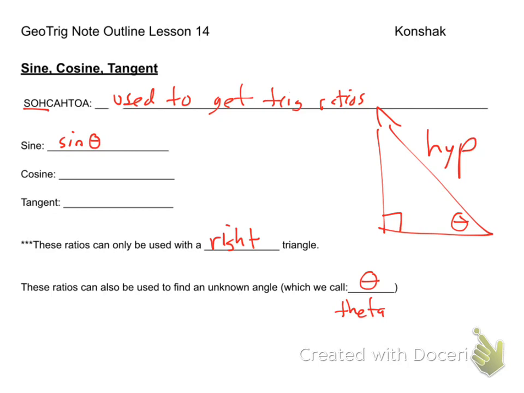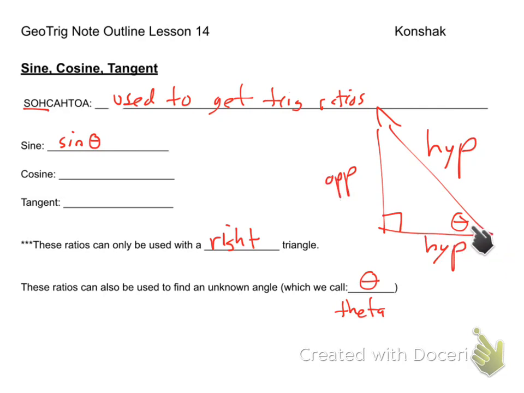There are two other letters, O and H, and these are on all three of our Sohcahtoa pieces, and they stand for opposite and hypotenuse. So if you have theta here, the side opposite is opposite.